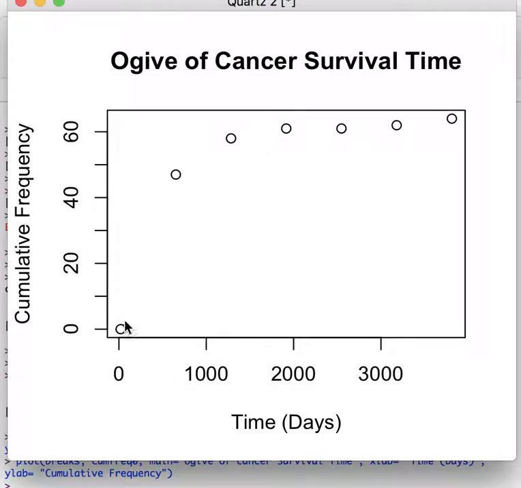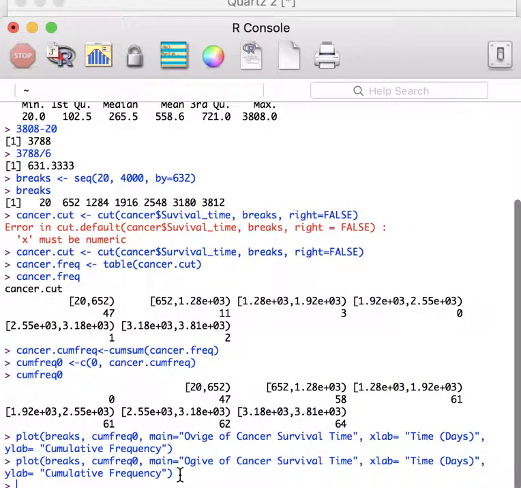I would like to connect the dots just because in an ogive, usually the dots are connected to help us to analyze things later. Don't close this window. You need to have this window open when you go to put the lines in. Go back to the R console just by picking that R console window. And you're just going to say you now want to do lines.